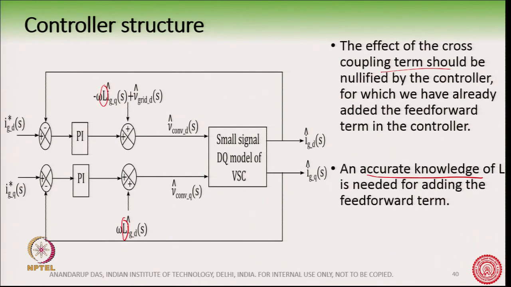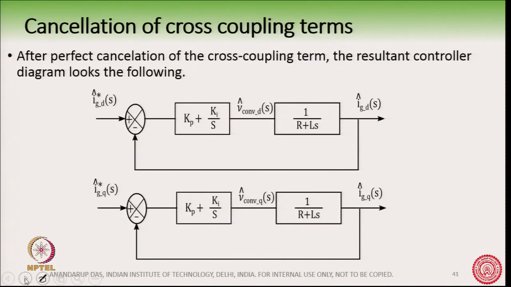Okay. So, anyway, once the perfect cancellation of this cross coupling term happens with the feed forward term, then you get something like this. Okay. You see, this is a nice second order system. Okay.